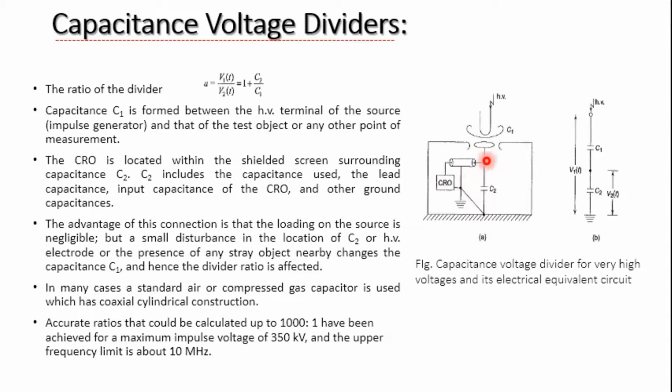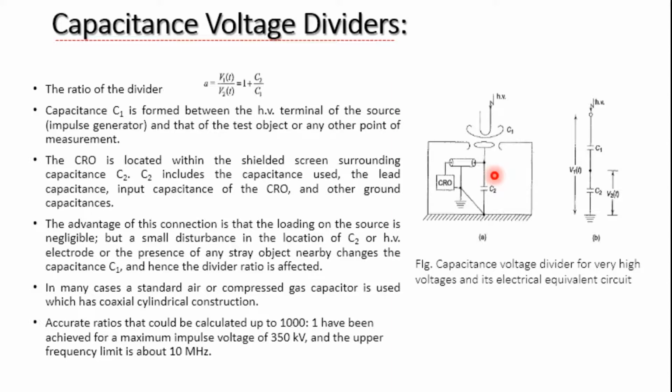Generally the CRO is located within the shield screen surrounding the capacitance C2. So C2 includes the lead capacitance, the input capacitance of the CRO, and other grounded capacitance like Cs and Cg. The advantage of this connection is that the loading on the source is negligible, because there is an isolation between C1 and C2.